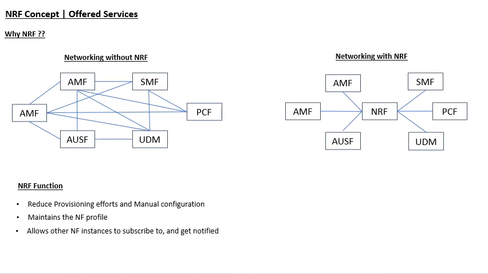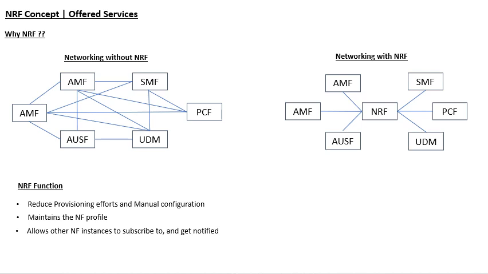It also allows a network function to subscribe and get notifications. For example, if a new CHF goes live in the network and the PCF wants to be told whenever a new CHF is live, the PCF will send a subscription request to the NRF saying, whenever a new CHF is live in the network, please notify me.